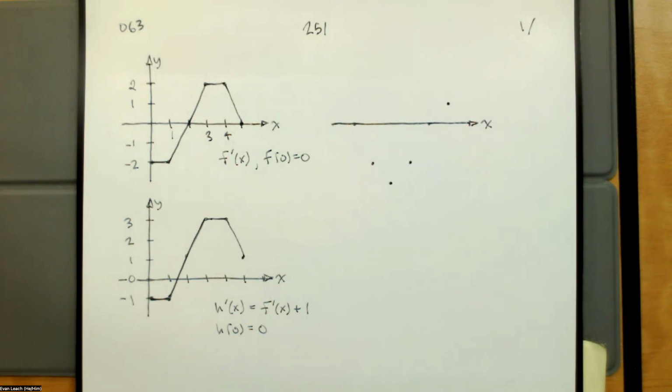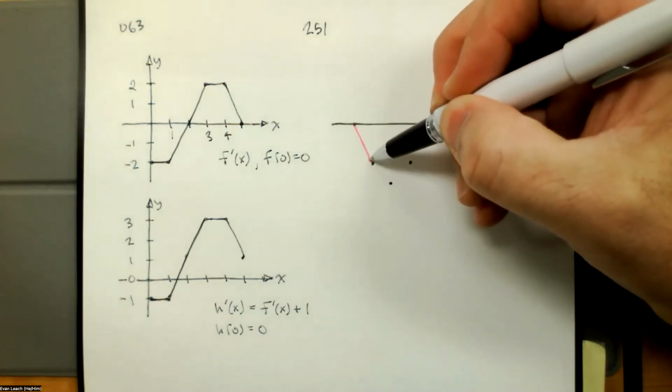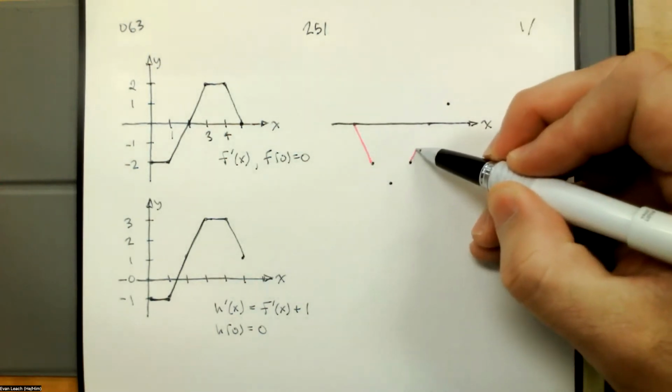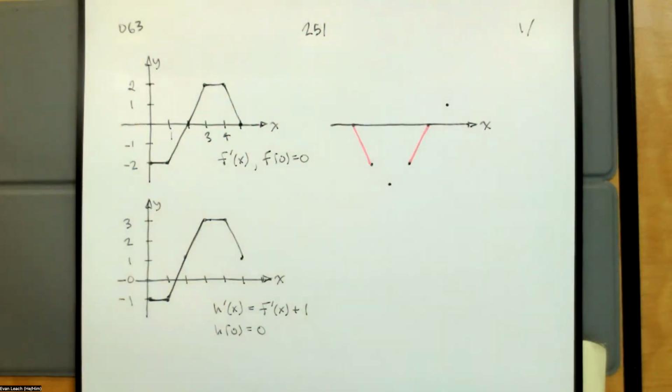So let's see. I think in trig I was using this for the linear sections. On the interval from 0 to 1 and the interval from 3 to 4, the derivative is neither increasing nor decreasing, so the function is linear.